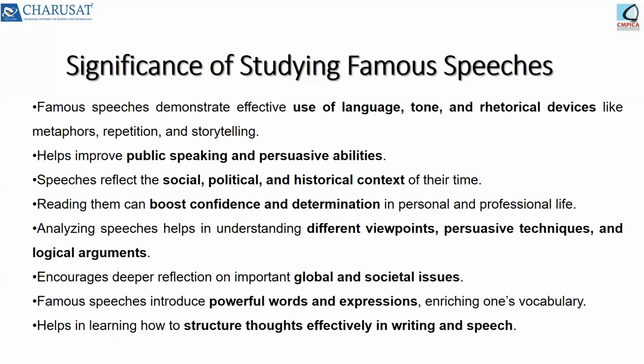While we are studying this, what we see is the use of language: which kind of words and vocabulary are used, what repetition is made on purpose, and what the tonality is. In the last session, we understood that there is a tonality of Mahatma Gandhi, which is a quite respectful tone that he picks up in all of his speeches, and this is the common factor that he has.